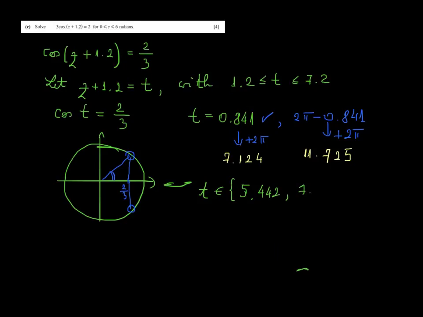Next one is 7.124, 3 decimal places. The next one is already outside the domain, so I'm not going to consider it. Therefore, I have these two solutions. Now remember, z is t minus 1.2, so I'm going to subtract 1.2 from both solutions and get these two solutions to 3 significant figures.